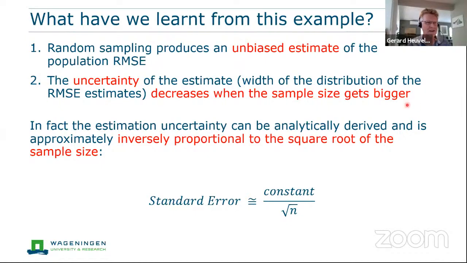But actually the decrease is inversely proportional to the square root of the sample size. This is really something basic from statistics, and maybe you remember that from a course that you took a long time ago. And it's actually bad news, the square root of n, because it means that if we want to double the accuracy, we have to quadruple our sample size. So it would have been preferred if there would be an n here, but that's simply not the case.